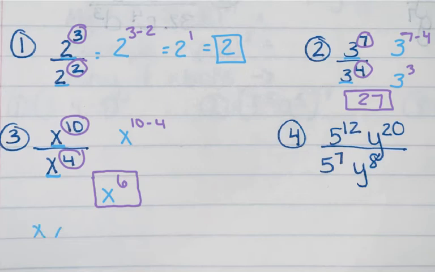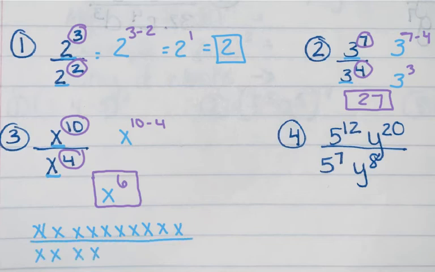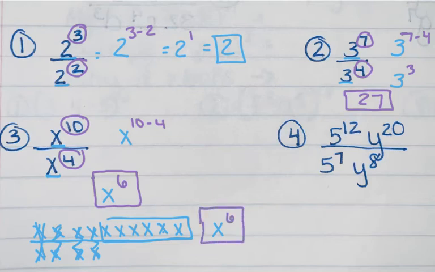Meaning, I'm going to have 10 x's over 4 x's. And then we know that when we divide them, I'm left with 1, 2, 3, 4, 5, 6. So this would be x to the 6. Okay, it's totally okay to write it out if that helps you visualize it.